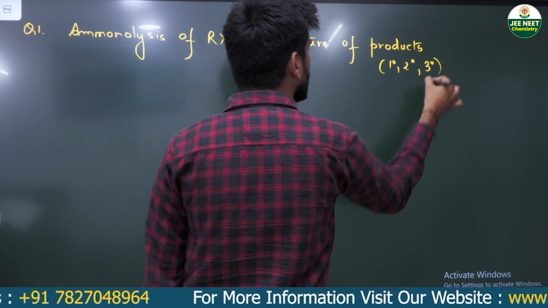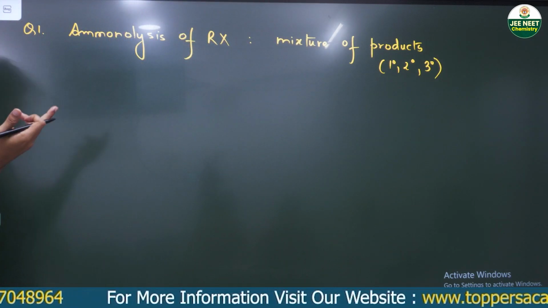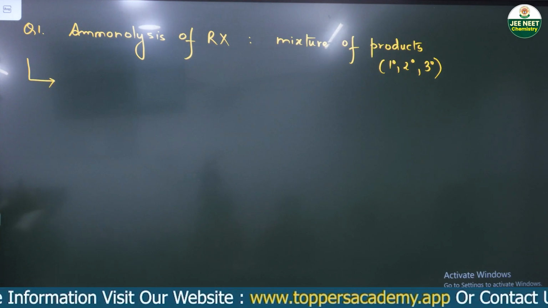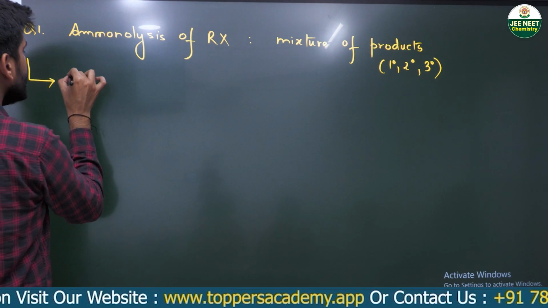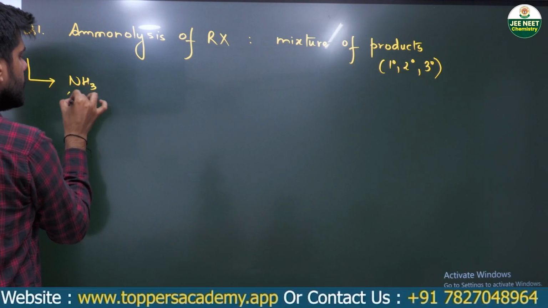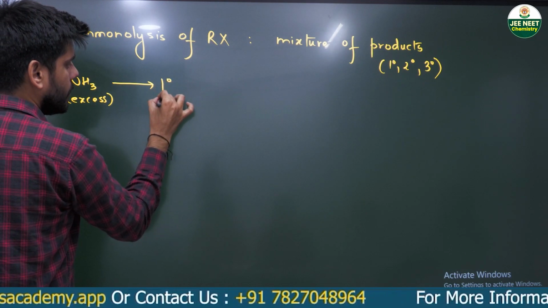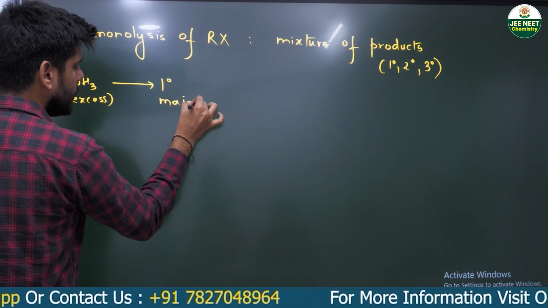So this is the disadvantage and limitation of ammonolysis. So in order to address it, what we can do is take ammonia in excess so that we can have 1 degree amine as a major. Is that clear?